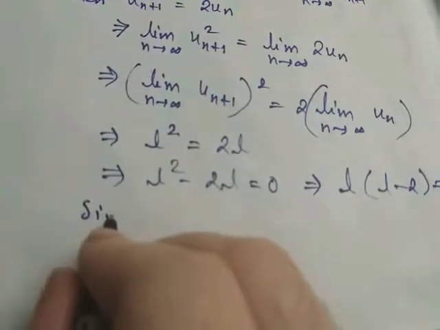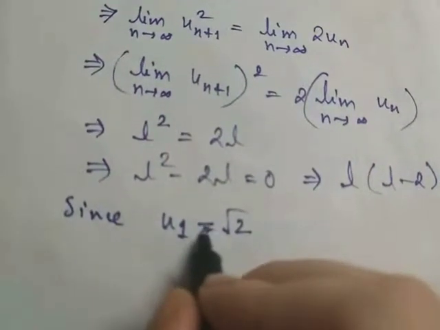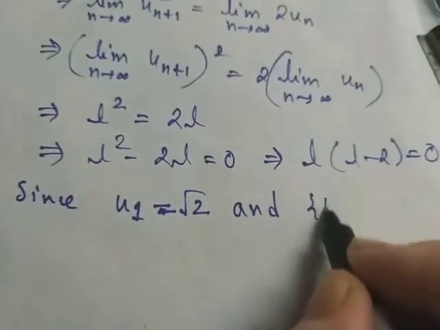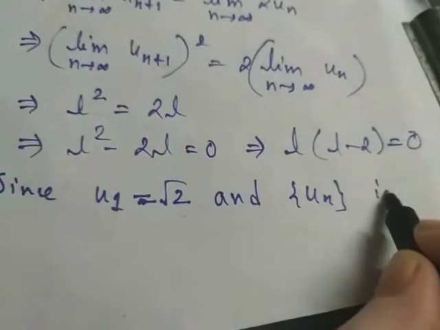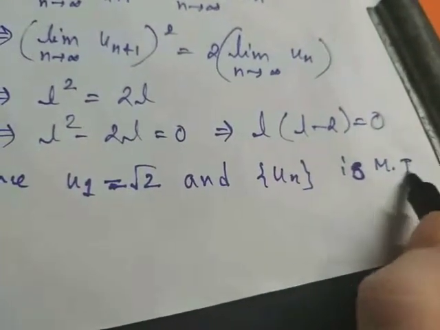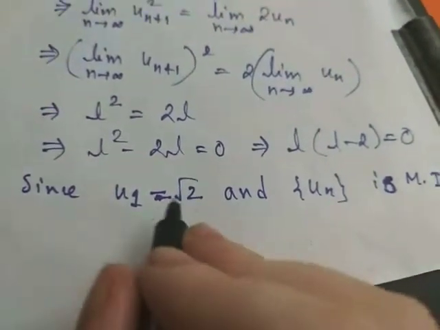Since u1 equals root 2 and the sequence un is monotonically increasing, this sequence cannot converge to 0.